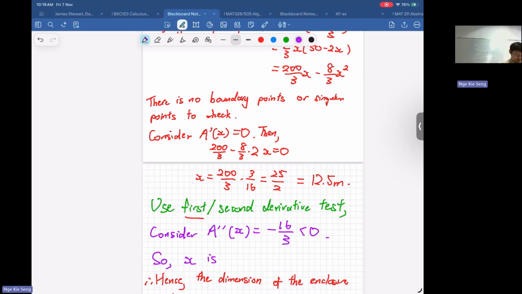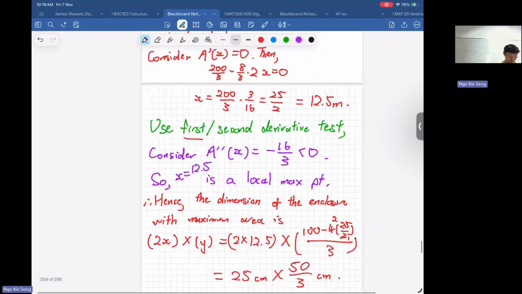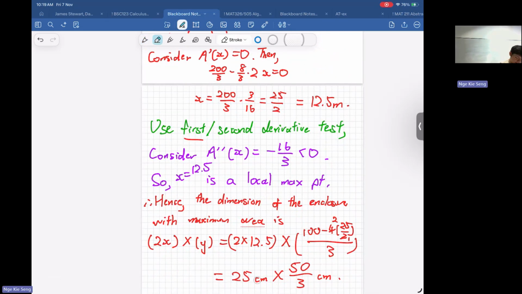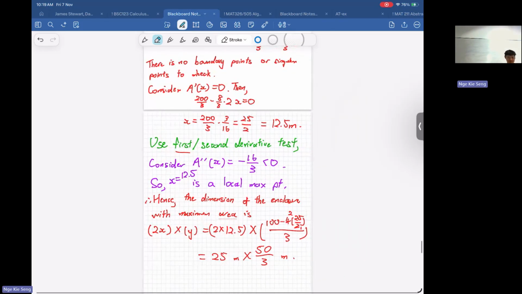So x equals 12.5 is a local maximum point, and A(x) is a local maximum value, in terms of meters, not cm, sorry.